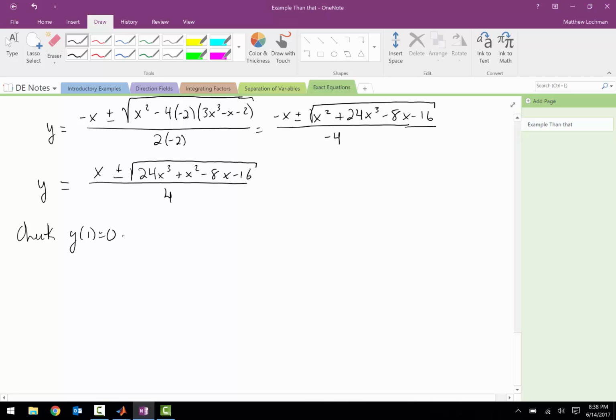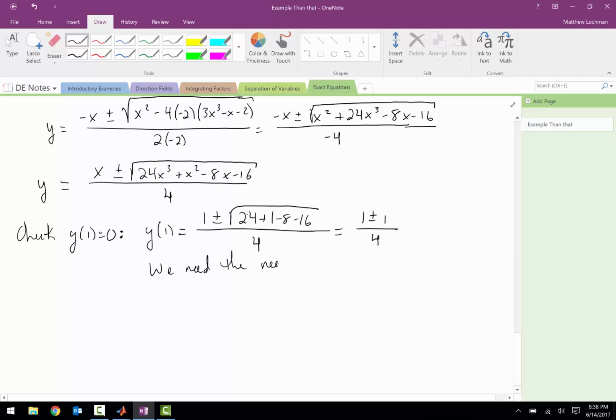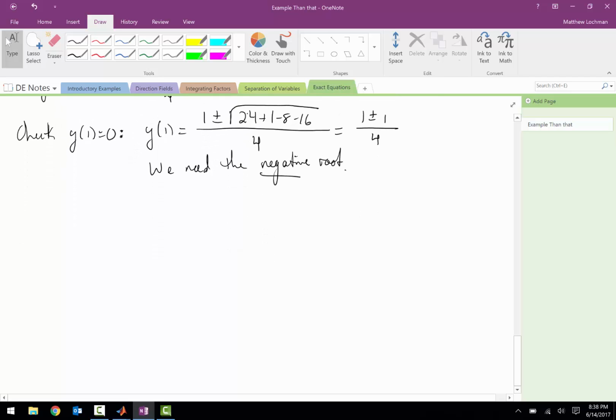Okay, so y of 1 is 1 plus or minus the square root of 24 plus 1 minus 8 minus 16, over 4. Okay, so we need the negative root. Not the positive one like that last example we did.